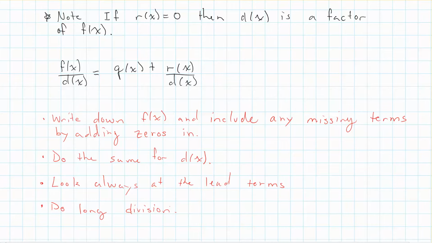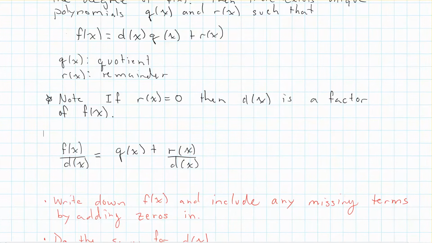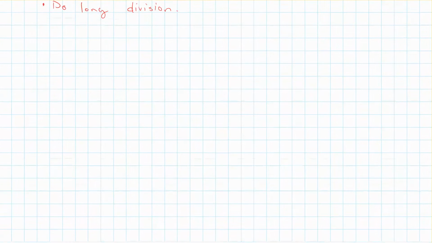Okay, so let's just go right now with an example here. If my screen will zoom, there we go. Alright, so let's look at this example. We're going to do x cubed minus 2x squared minus 9 divided by x minus 3.